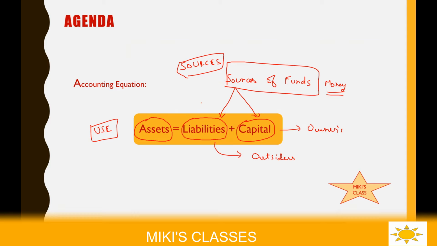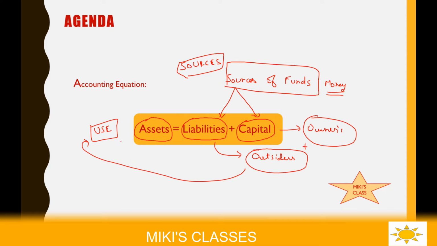You get funds from outsiders, in terms of loans, etc. You get funds from the owners, and these funds, what do you use them to do? To run your business, by buying assets. You might have to buy a building, pay some rent, or buy some land. So liabilities and capital provide you the source of funds, and assets are what you use the funds for.